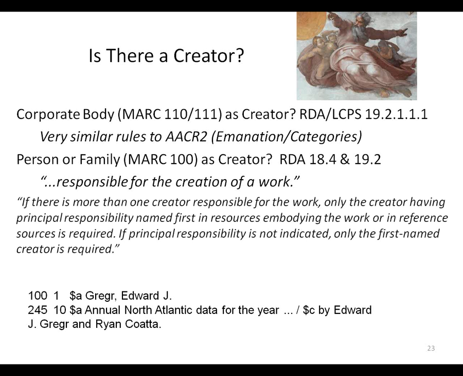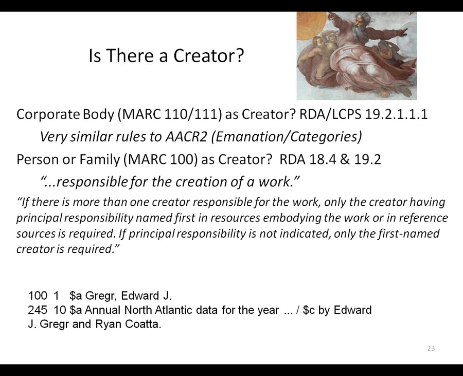And then this statement from RDA is pretty clear that if there's more than one creator responsible for the work, either identify the creator with principal responsibility, or if principal responsibility is not indicated, then identify the first named creator, the first named person as the creator. Unfortunately I forgot to format the slide, so I went ahead and I always spoil my surprises.